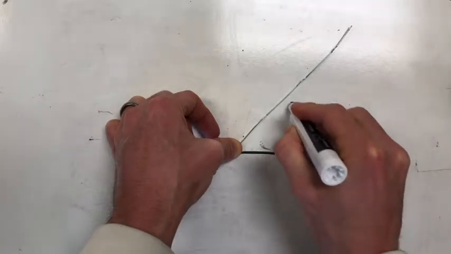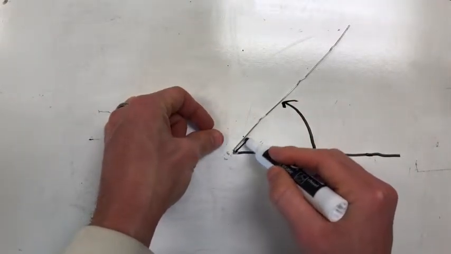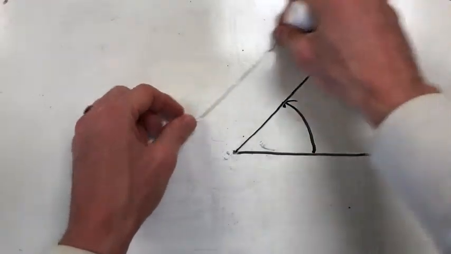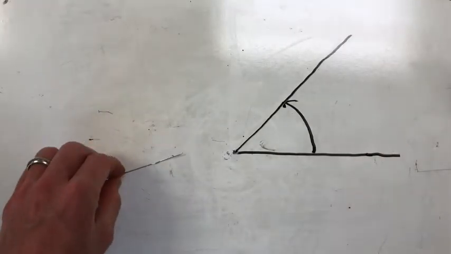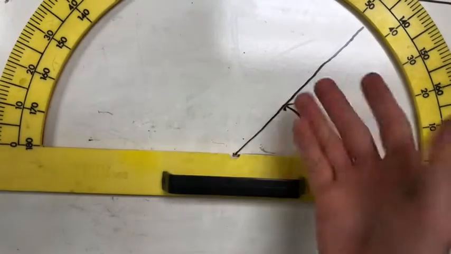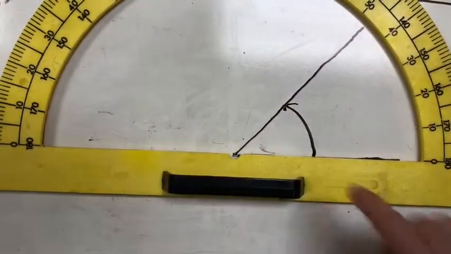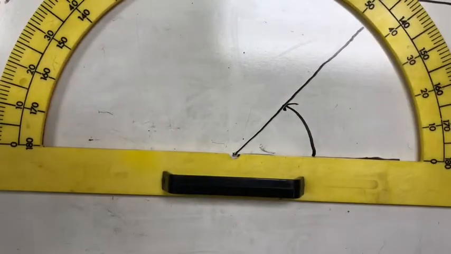We're talking about that amount of rotation. Pause the video and make an estimate. How many degrees of rotation would you say that is? Estimates will vary, but as I've laid this protractor out, we can see that it is around 47 degrees.